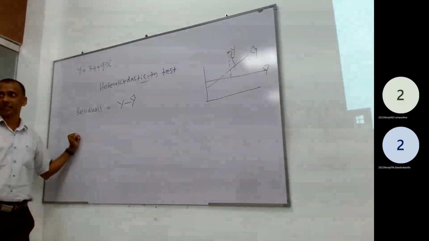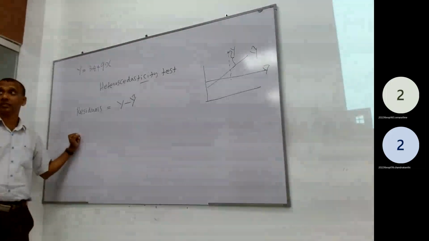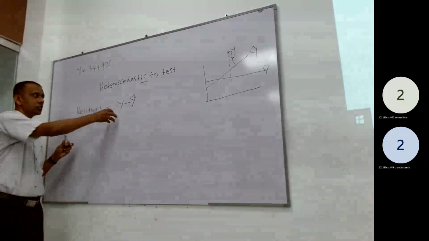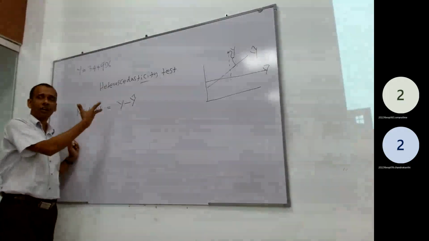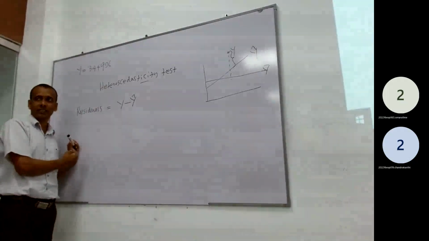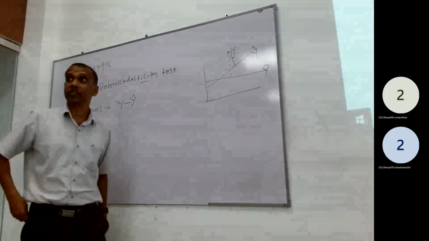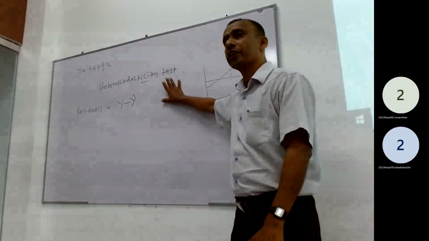When we test validity in research or business, we test this. If the variance of the residual is constant, it's okay, that is a good point. Otherwise, if it is not constant, that is the problem.